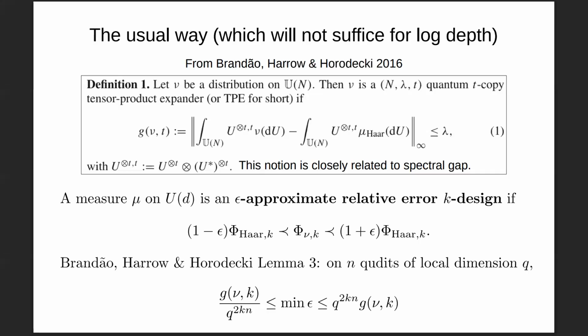This is another version of something that looks like a spectral gap. If you know that this inequality holds, then you can multiply things by some factor of the entire space dimension squared and bound the relative error comparability.